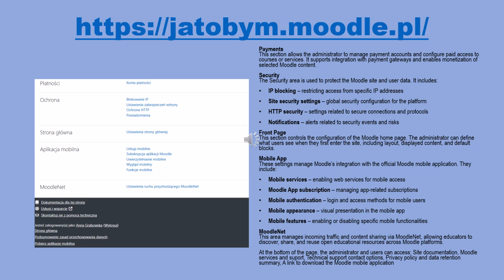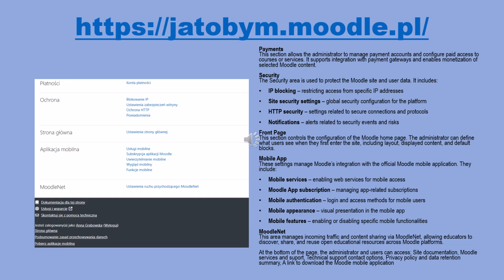Payments. This section allows the administrator to manage payment accounts and configure paid access to courses or services. It supports integration with payment gateways and enables monetization of selected Moodle content. Security. The security area is used to protect the Moodle site and user data.